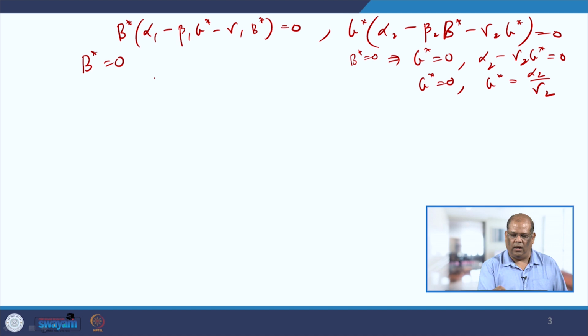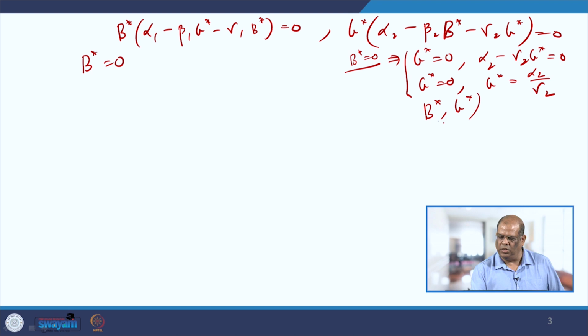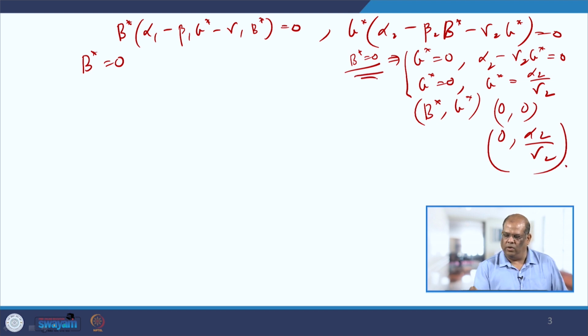So, combining these two, we will have our solution in the form B star, G star: 0, 0 and another one, 0, alpha 2 by gamma 2. So, if B star equal to 0, you have these two solutions.